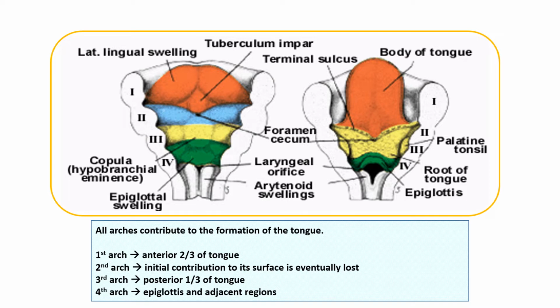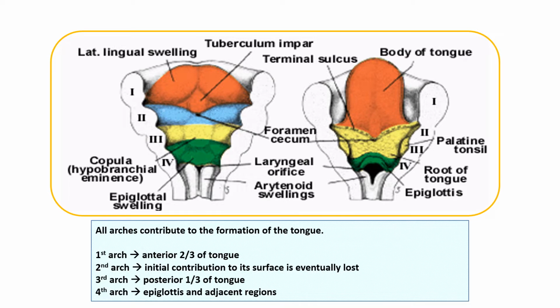But to better understand how this development is happening, we're going to divide the tongue into the front part, if you look at this image on the right: the anterior 2/3, this bit in orange, and the posterior 1/3 region, in yellow back here.